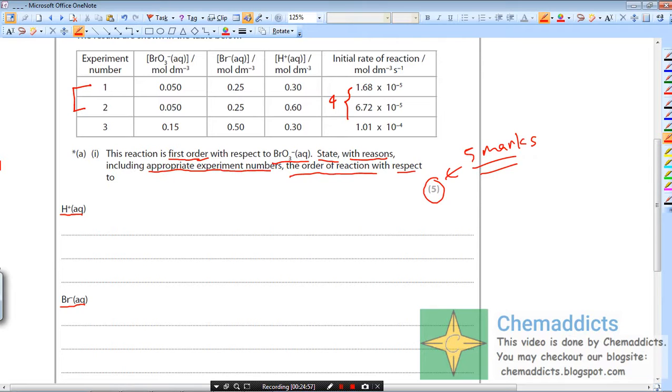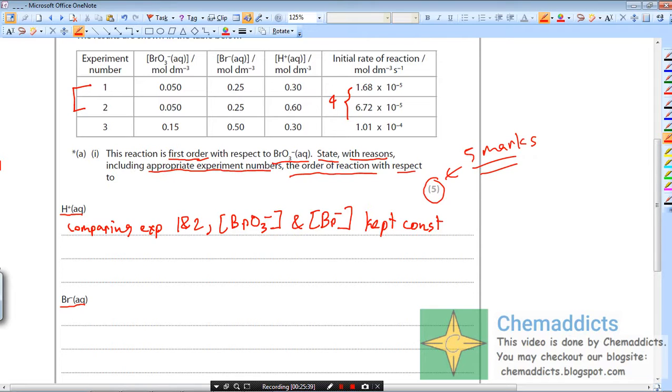Stating with reasons including appropriate experiment numbers. So we should write the experiment number. Let us write like this: comparing experiment 1 and 2, first and second. Let us mention it clearly: concentration of bromate and bromide kept constant.